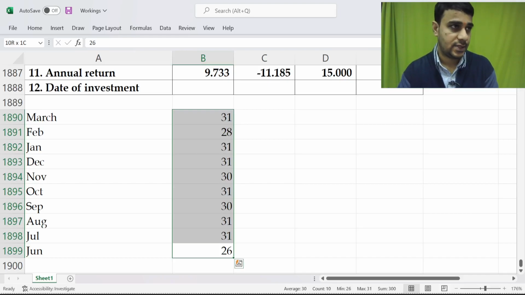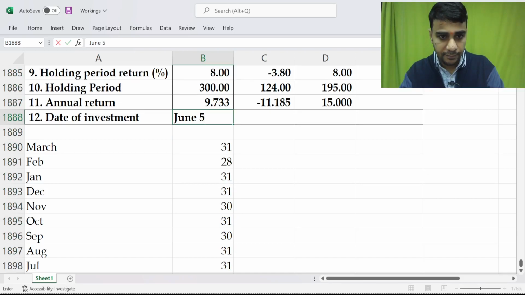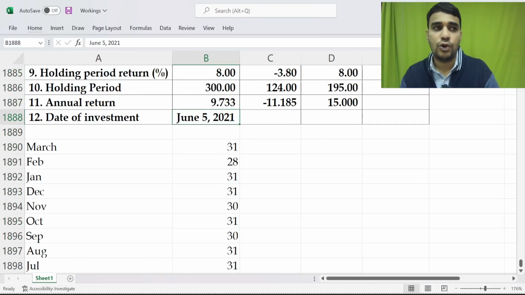I don't know what is there in the answer, we'll see that in some time. If the same assumption is holding good in this question also, it's good, that in both problems they've taken the same assumption. So I have reverse worked. The date of investment is going to be June 5, 2021. 26 days of June, 5th is considered in that, and another 25 days.